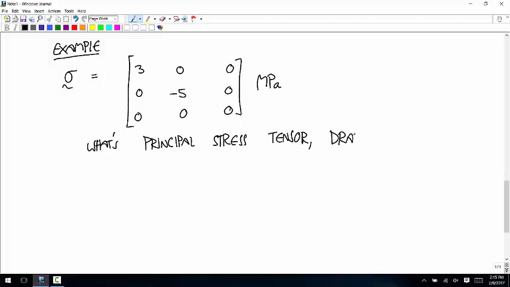And draw the principal coordinate system. Well, the meaning of a principal stress tensor is that all you have is diagonal elements. So this is already a principal stress tensor. When we calculate the eigenvalues, we need to get those answers back, 3, negative 5, and 0.